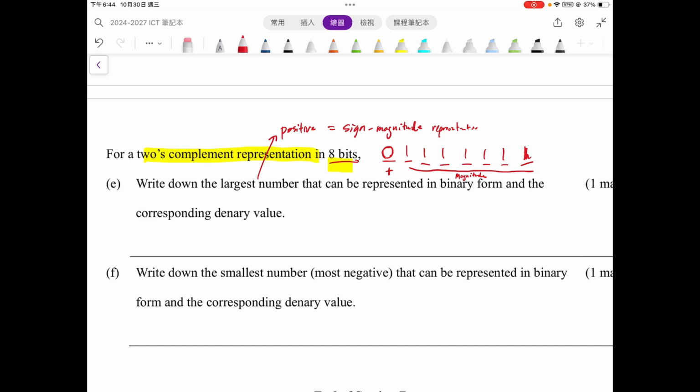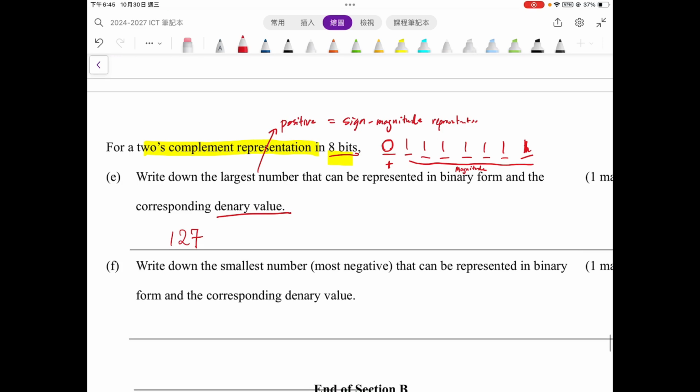So the largest number in this representation will be 01111111. They are asking for the denary value, so you just work it out in your calculator. I'm not going to show it. It will be the number 127.